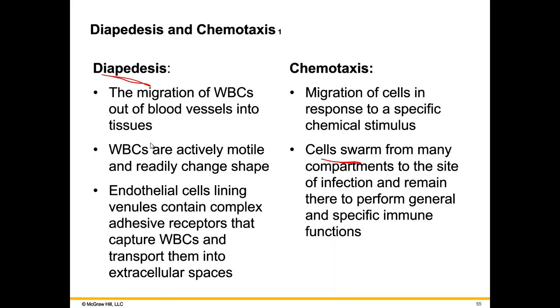The process that they do to leave the blood and go to a tissue is called diapedesis. It's literally moving these white blood cells out of the blood and squeezing them out of the blood vessels into a tissue.